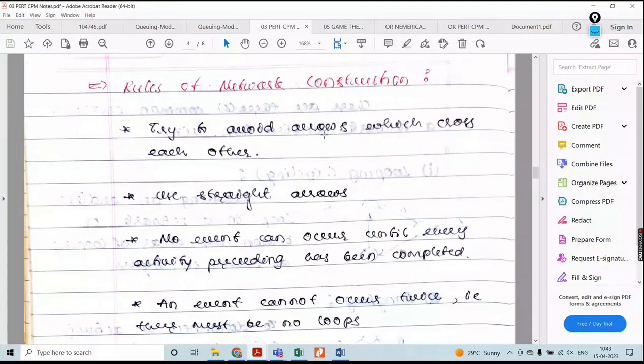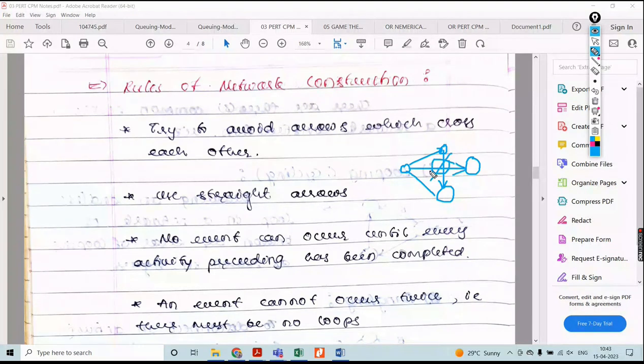Okay, try to avoid arrows which cross each other. What it means? There will be 1 to 2, okay, 1 to 3, then 1 to 4, then another, like this.